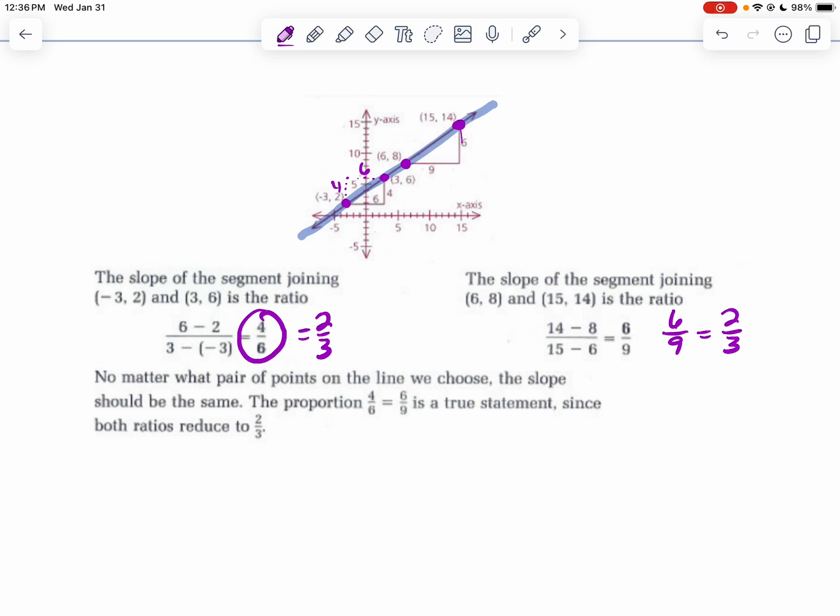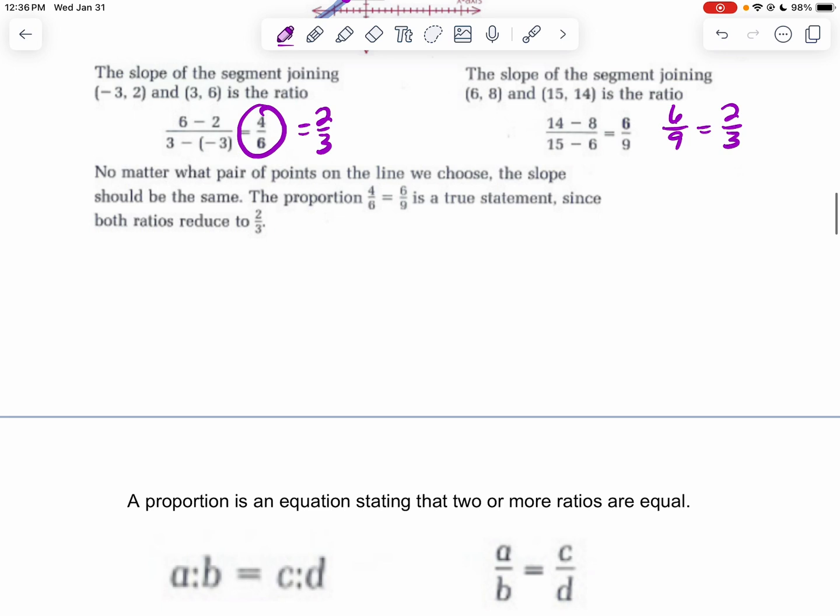It's going to be the ratio 2/3. Okay, you can count on the graph. You can find the slope. If we did 14 minus 2 over 15 plus 3, we get 12 over 18, which simplifies to 2/3. So again, it does not matter which ordered pairs I pick. The slope is going to be the same anywhere we pick on the line.